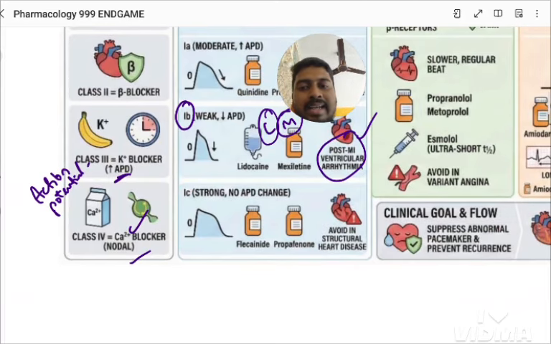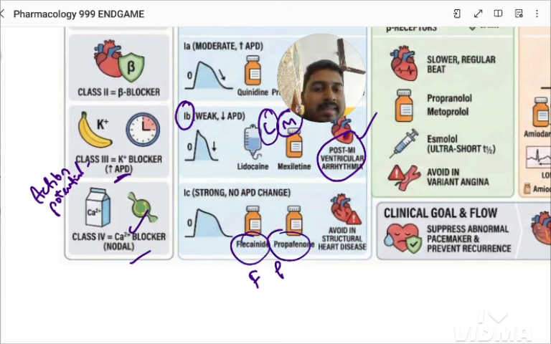Now 1C is where there is strong sodium channel blocking, and it has action on potassium also. So overall the potassium effect is not changed. The cardiac action potential remains the same, but it has a strong sodium channel blocking effect. So here we have F and P, that is flecainide and propafenone, and these are to be avoided in structural heart disease.